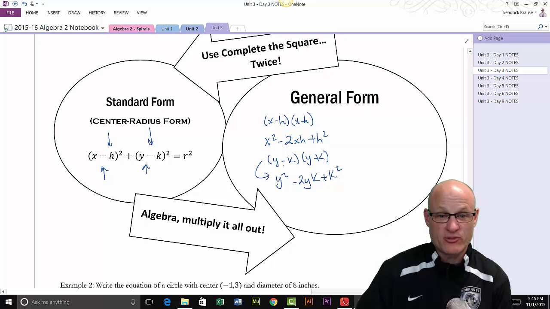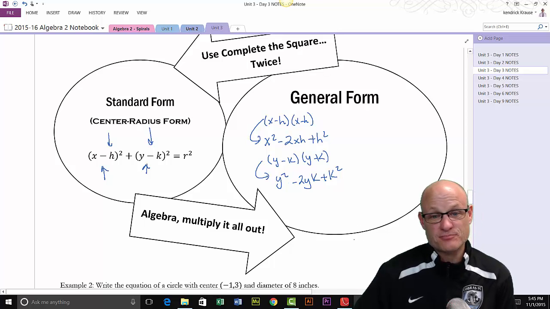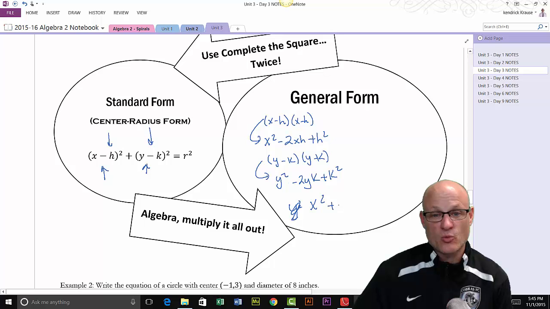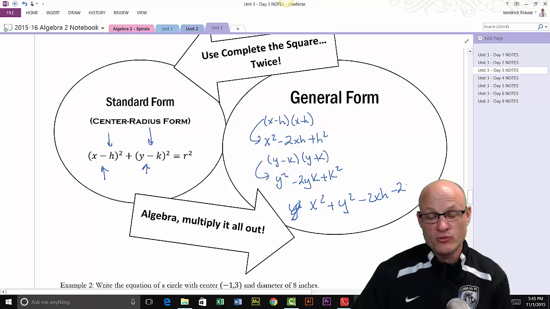So all I did was double distribute that out and double distribute that out. So now I'm going to add those two together. So that's x squared plus y squared minus 2xh minus 2yk plus h squared plus k squared equals radius squared.